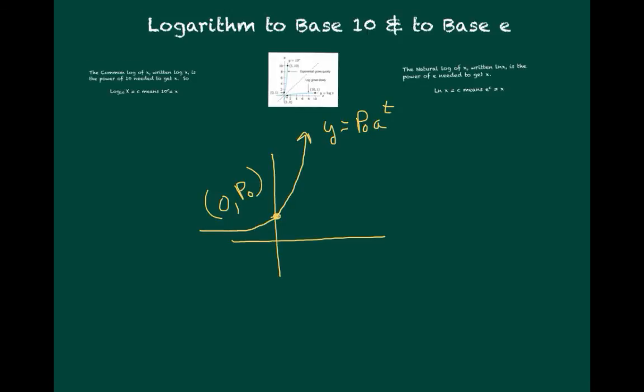So you'll recall that in our last video we talked about how inverses, their graphs are reflections over the line y equals x. Well, if that's the case, then a logarithm, which is the inverse of an exponential, is going to be the reflection over this line.